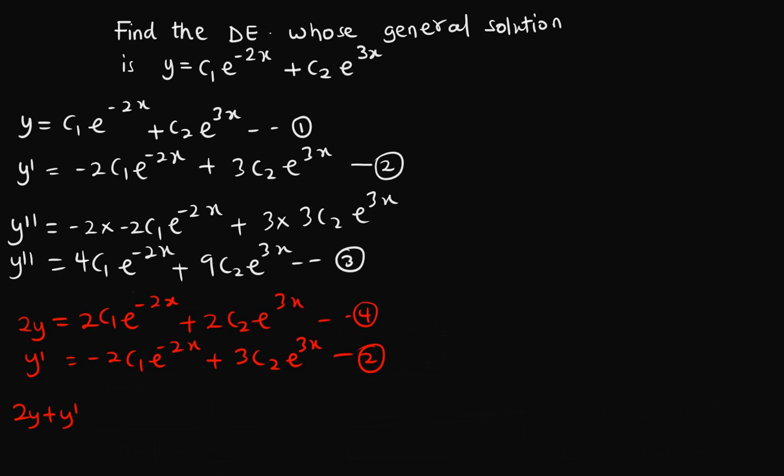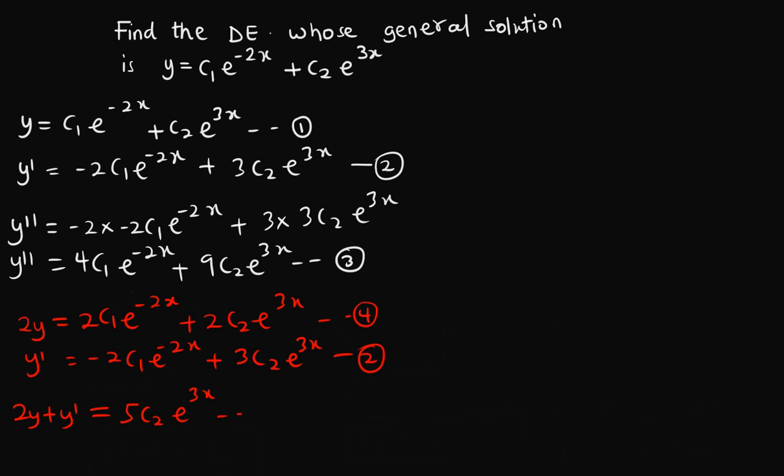So all the c1 terms will go away. Let's take note of that. Now let's continue. This will be equal to 2 plus 3, which gives 5 c2 e to the power 3x.